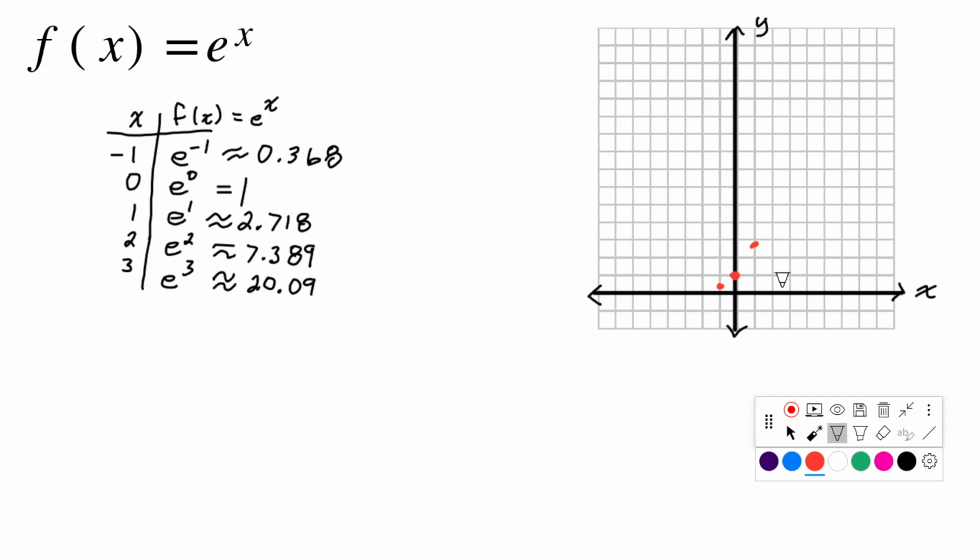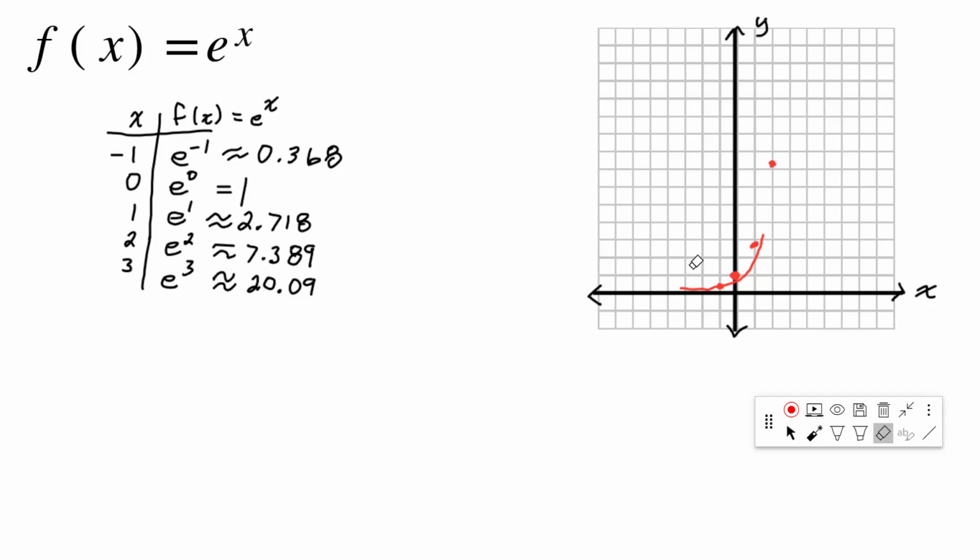At 2, we're at 7.389, so just below 7.5. And it does not appear that I'm going to be able to go up to 20.